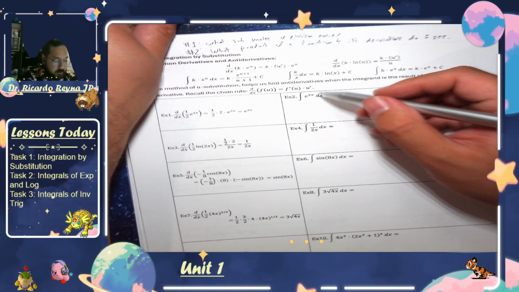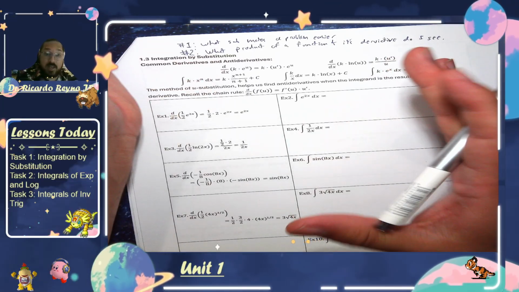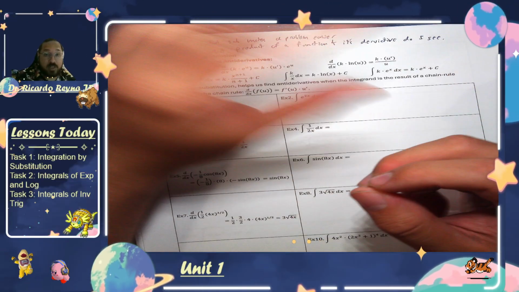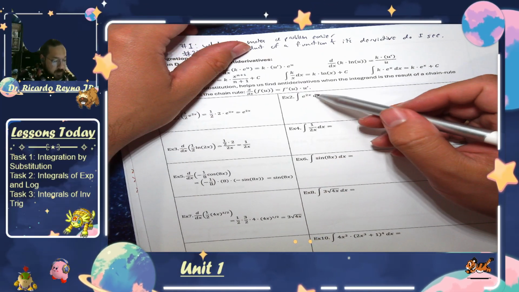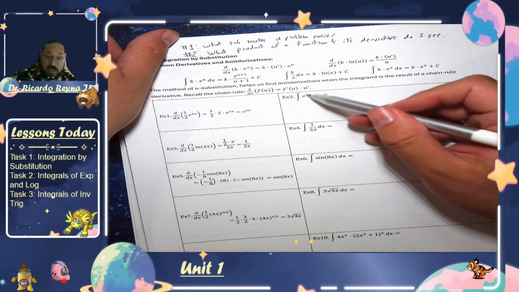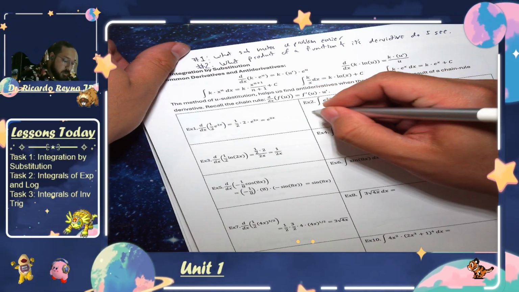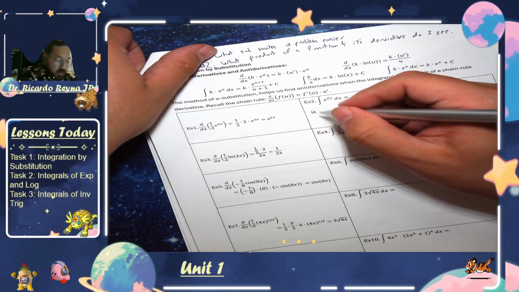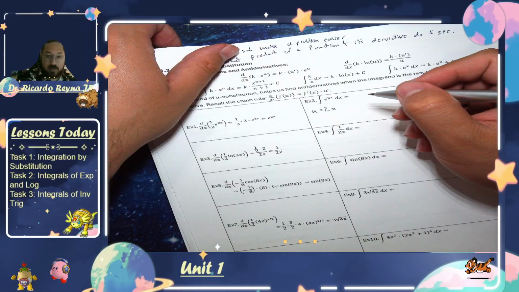So for example here, we don't necessarily see a product of a function and its derivative, but we do see how this would be easier if this problem was just e to the u. Or e to the x, I should say. So I'm going to use u and make it 2x.